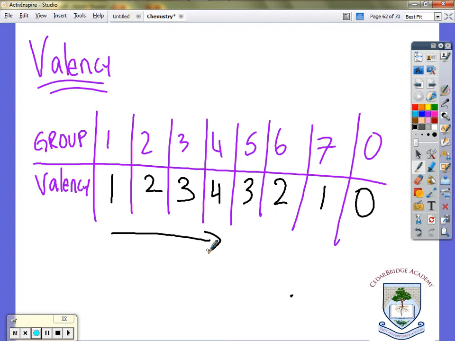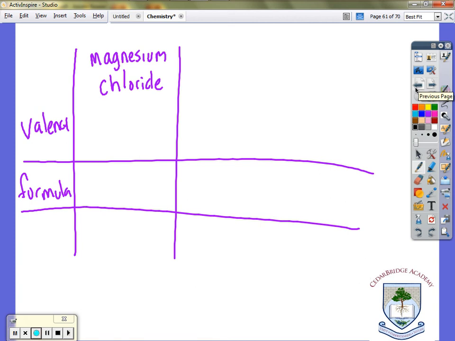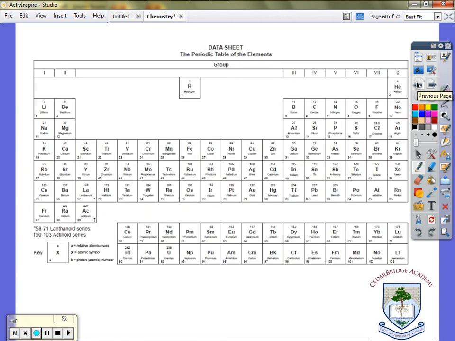So if you just know your valency table, what I get my S1s to do is on our periodic table, we actually write valency right here and then put in 1, 2, 3, 4, 3, 2, 1, 0.